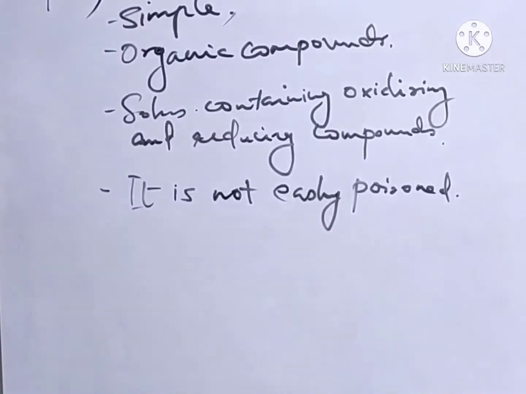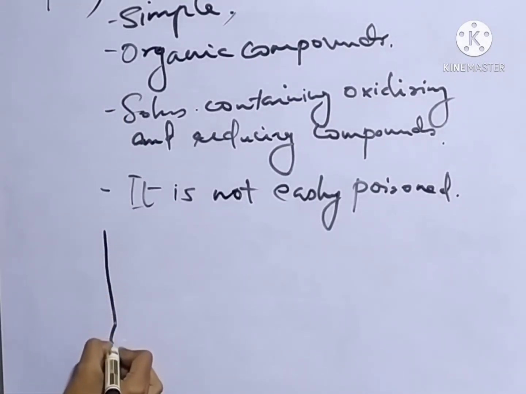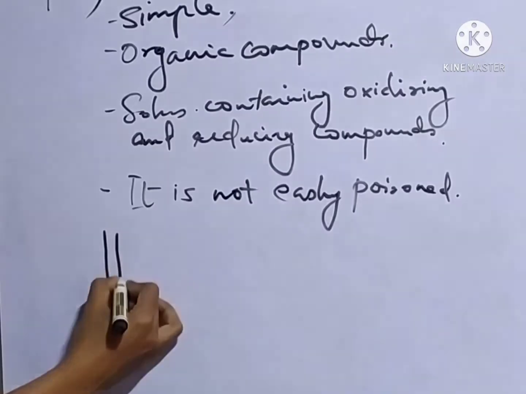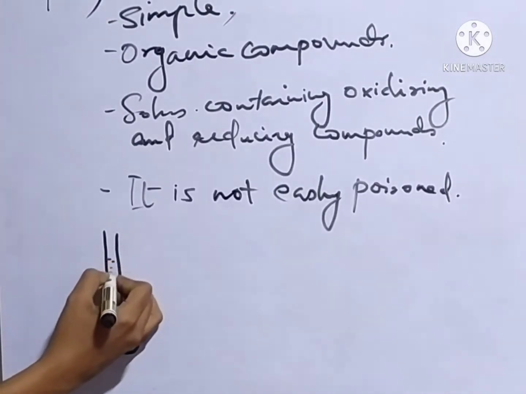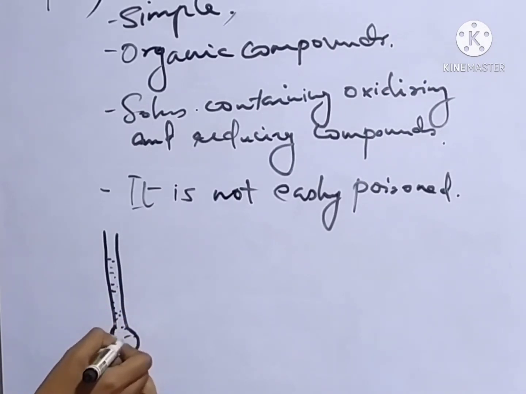Okay. Glass electrode, it is a simple apparatus. Glass electrode is a glass tube containing a glass bulb at the tip, containing H plus ions.